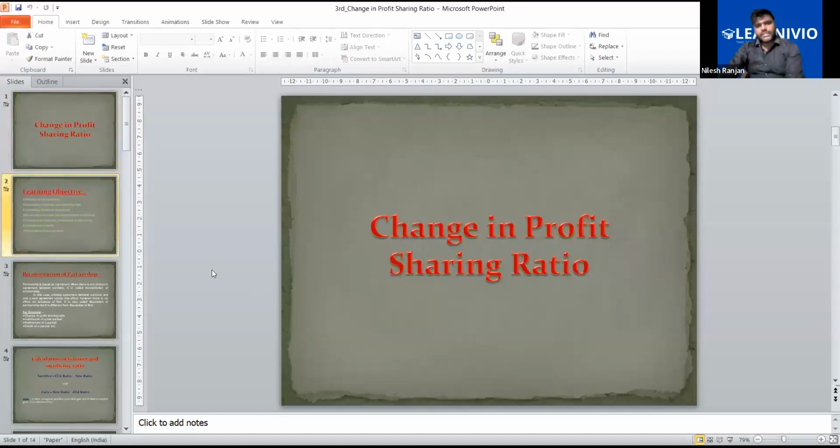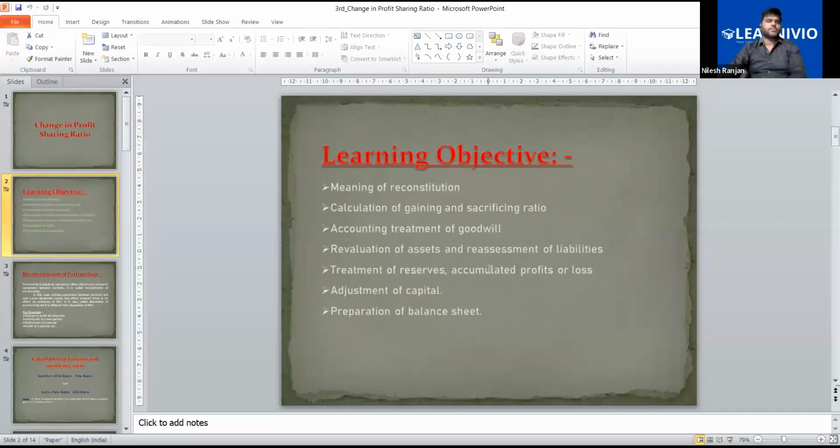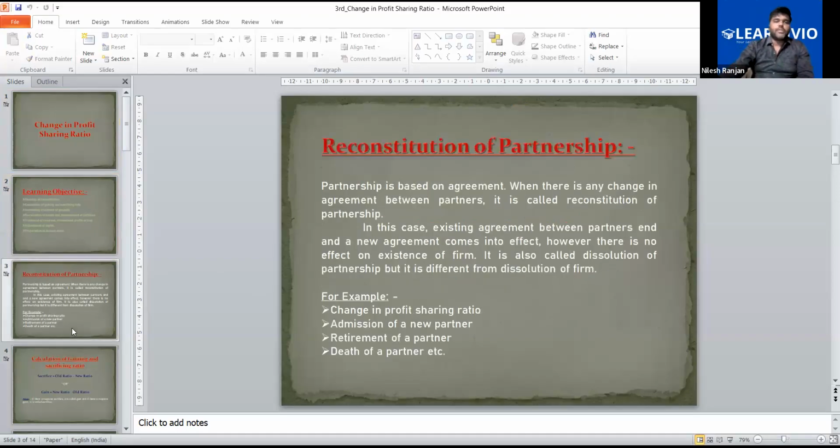So these topics we have to discuss. First of all, meaning of reconstitution, calculation of gaining and sacrificing ratio, accounting treatment of goodwill, revaluation of assets, reassessment of liabilities, treatment of reserves, accumulated profit or loss, adjustment of capital, and preparation of balance sheet, if there is any. So, what is the meaning of reconstitution?